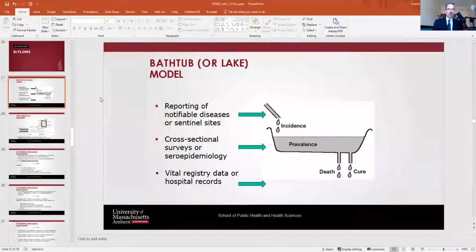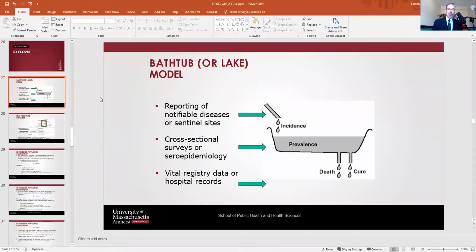One way to think about this is as a bathtub model. Basically you have incidence of disease throwing cases into this bathtub, and prevalence is either increasing or decreasing depending on the rate of flow out and the rate of flow in.